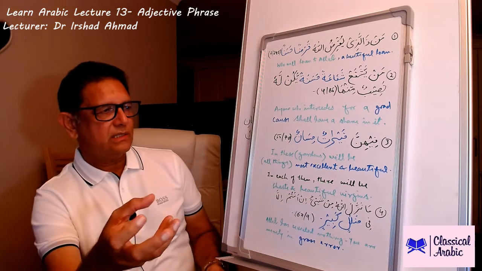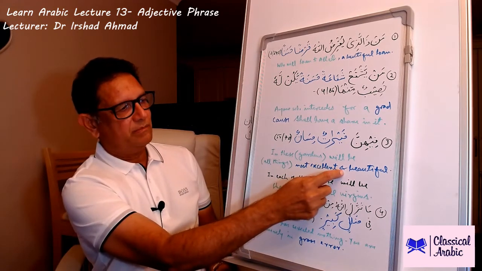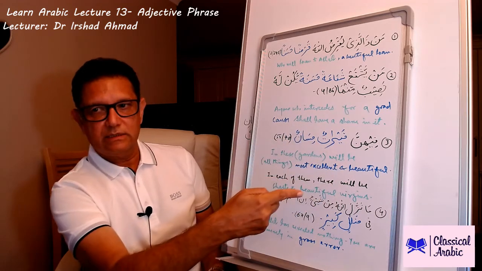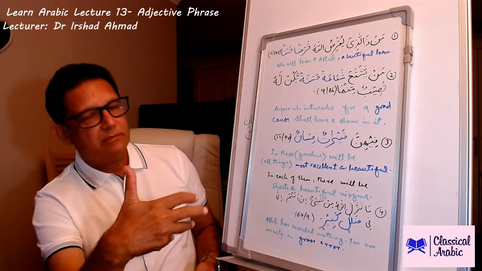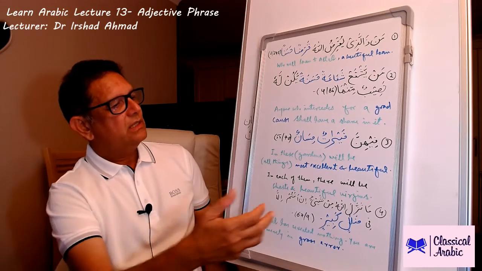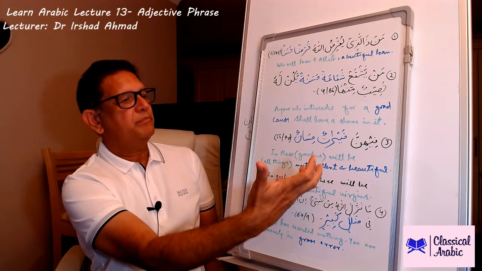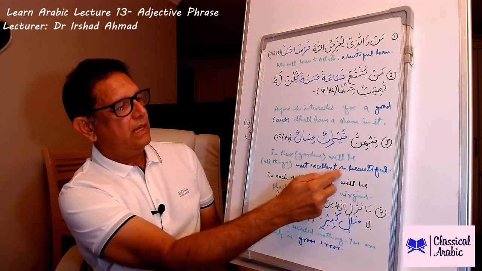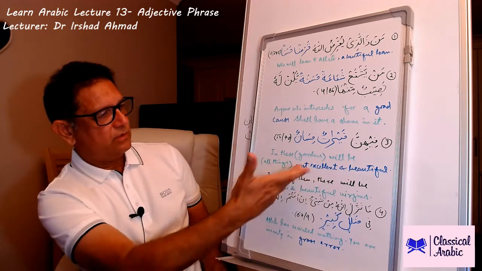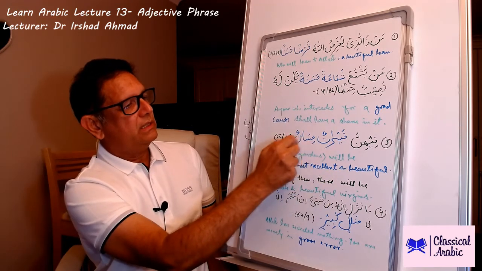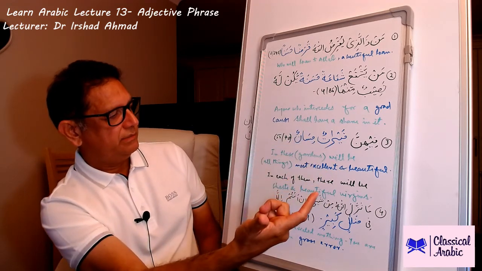In translation we are using 'and' here, but really this is murakkab tawsifi, and 'and' doesn't exist here, but translation is translation. So translation in English will have to make sense. To make that sense, the person who translated this has added 'and' here, but this is actually murakkab tawsifi.